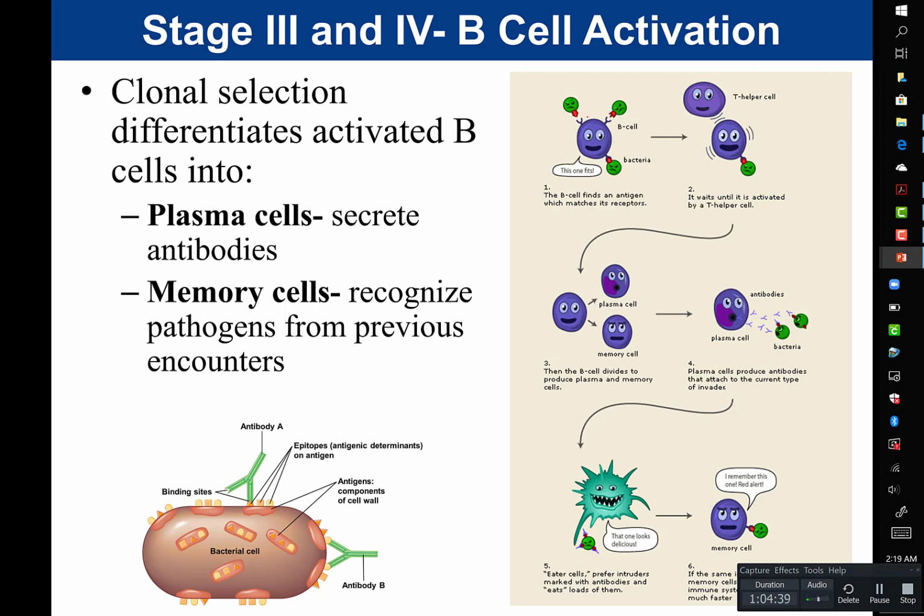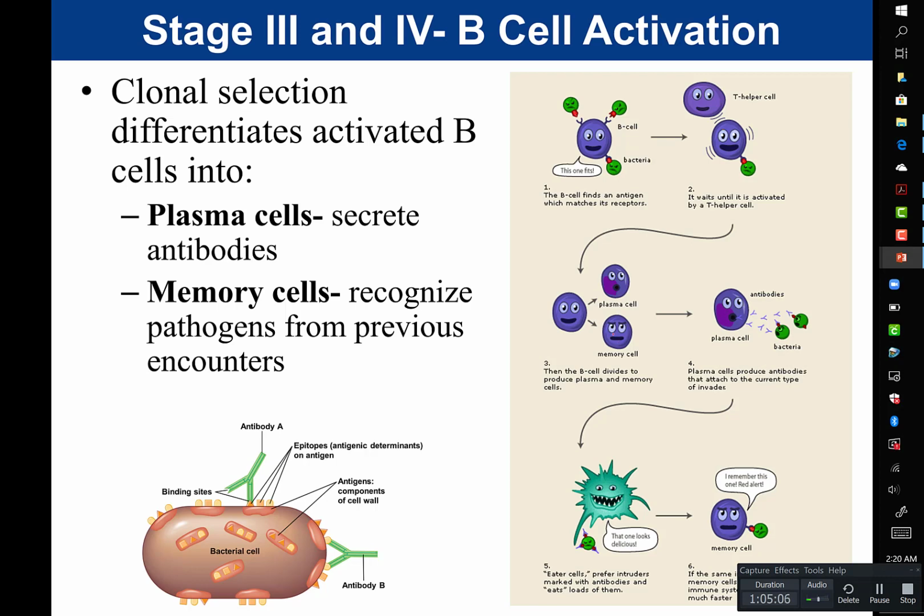And then the B cell is going to be an antigen-presenting cell. And it's going to present the antigen, and it's going to be activated by the T helper cell. When the T helper cell activates the B cell, that is going to stimulate the B cell to proliferate, meaning make more of itself, so clonal selection, and to differentiate.